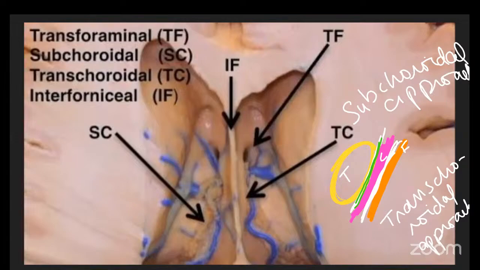But if I go here, the working angle is better. I would be able to retract more, but the problem is that the risk to major veins would also be higher. Am I clear?